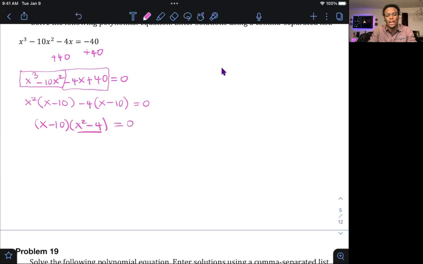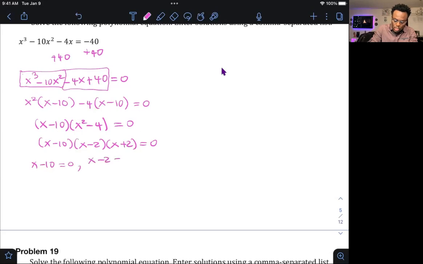This can be seen as a difference of squares. We can refactor it. So that's x minus 10, x minus 2, x plus 2 equals 0. We want to use the zero product property. x minus 10 equals 0. x minus 2 equals 0. x plus 2 equals 0.